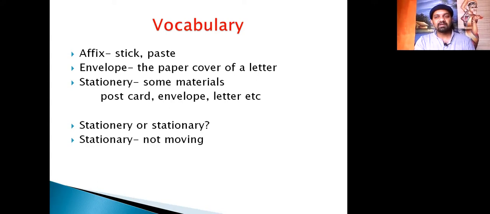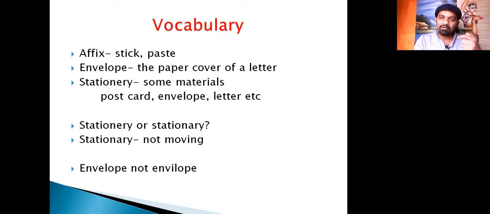Some people sometimes make a mistake or forget the right spelling of envelope. They write E-N-V-I-L-O-P-E. That should have been E-L-O-P-E. So how to remember? You can have a trick of your own to remember spellings. I will give you a trick.